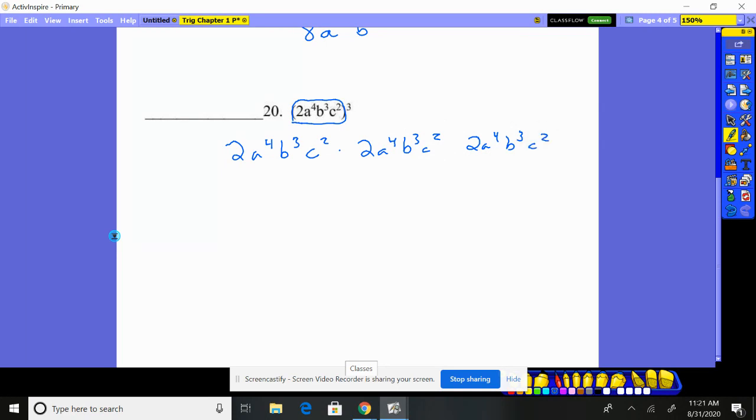Now, we can write it out, or let's just take a look at this one. 2 times 2 is 4, times 2 is what? 8. Now, if we visualize, I have aaa. How many a's do you see there? I see 12, because I would have 4 and 4 and 4. That's going to make 12.